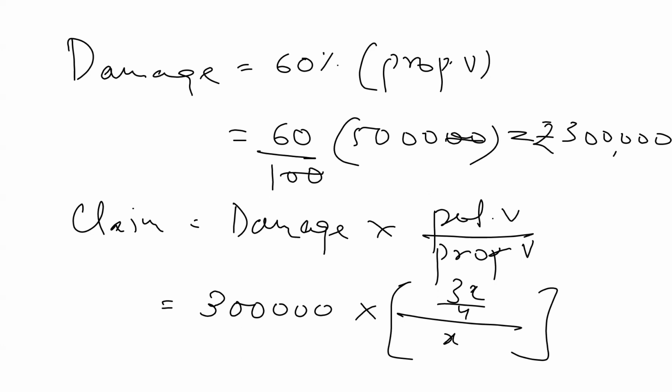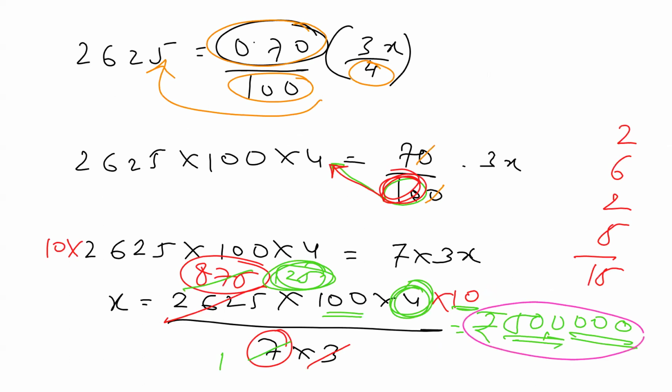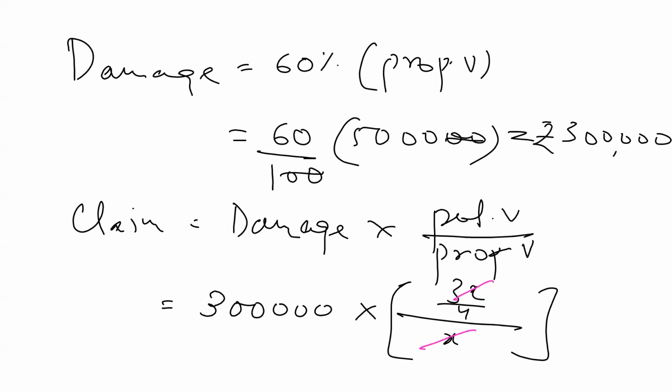Property value is x. Now you can cancel this x. You can also put the value of x as 5 lakh, since we got the value of x earlier, but I'm just cancelling out this x over here. So this will be 3 lakh into 3 by 4.